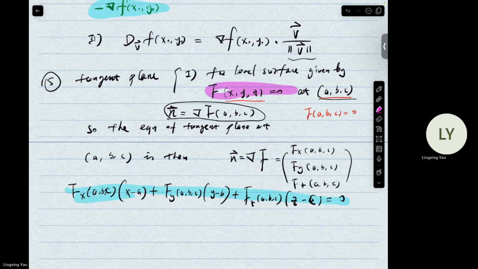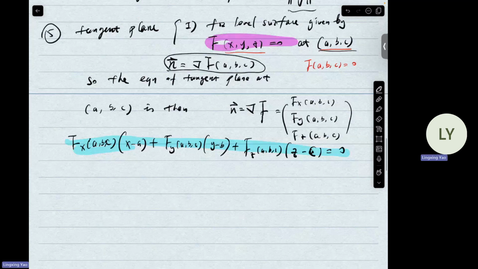Okay, and then there's the second type of normal vector and tangent plane, which is the tangent plane for the graph of a function.